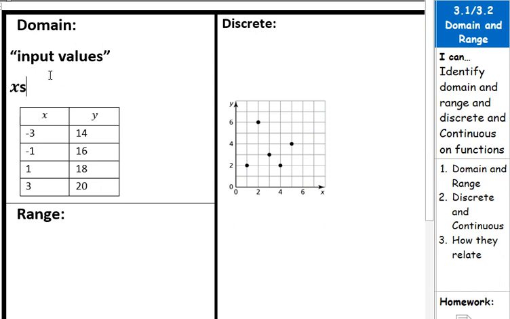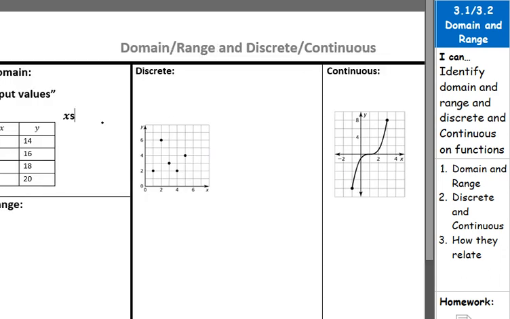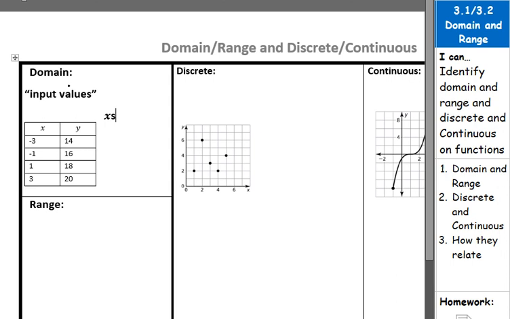All of the things that can go into a function is the domain. All of the things that are x's. So for example, if I have a table like this one, my domain is all of my x values. So this is my domain here, is all of my x's.